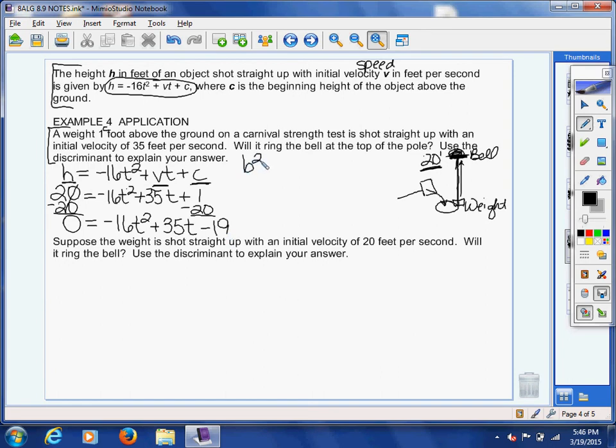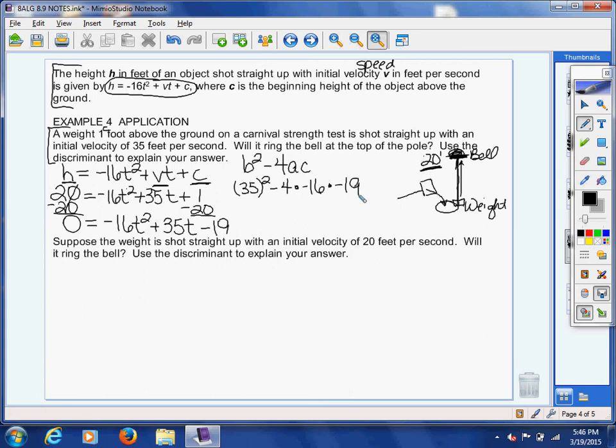So let's go to our discriminant. We got B squared minus 4AC. So B squared, we're going to take 35, and we're going to square that, minus 4 times negative 16 times negative 19. Now take your calculator, I hope you have it handy, you're going to need it, and plug this in carefully.